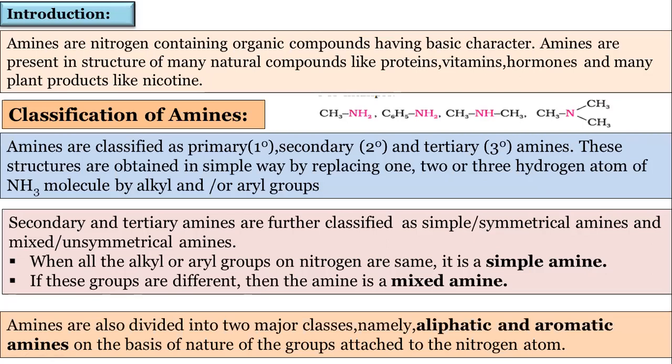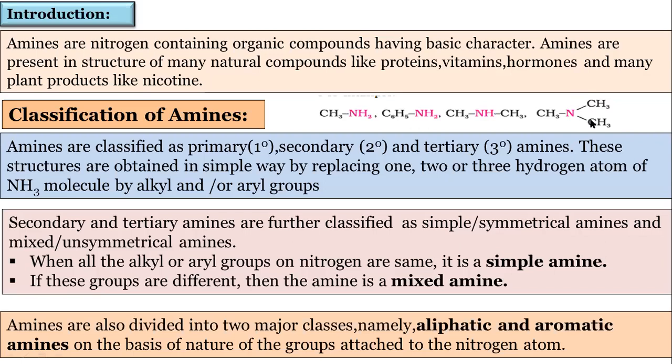A primary amine means one hydrogen of ammonia is replaced with an R group or Ar group. When two hydrogens of ammonia are replaced with two alkyl groups or two aryl groups, it is called a secondary amine. If all 3 hydrogens of ammonia are replaced by 3 R groups or 3 Ar groups, it is called a tertiary amine.